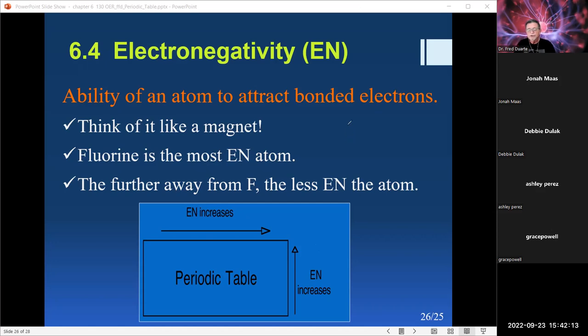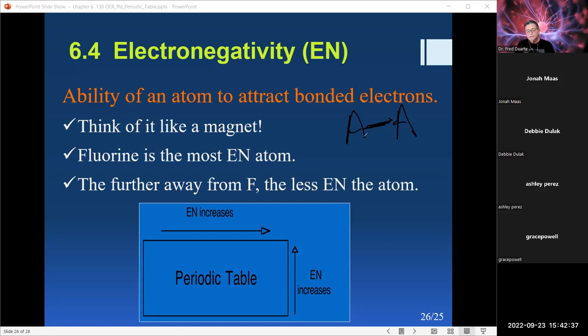Let's take a very generic bond. Let's take A as some element, and we'll just have it bonded to another A. We draw this line here to represent two electrons that are being shared between the atom A of each one.